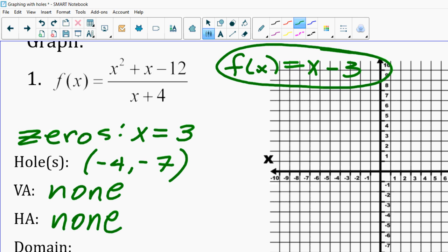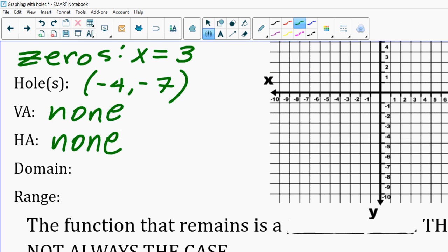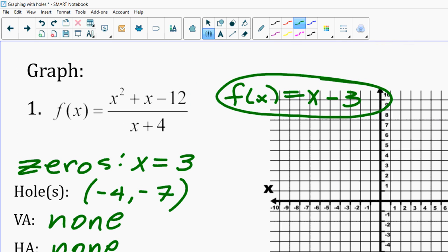So you say, well, Ms. Dennett, how do you graph a hole? You graph a hole just like you think you'd graph a hole. You go to -4, -7, and you put an open circle. Now you know how to graph this. Your zero: this thing crosses the x-axis right there, doesn't it?